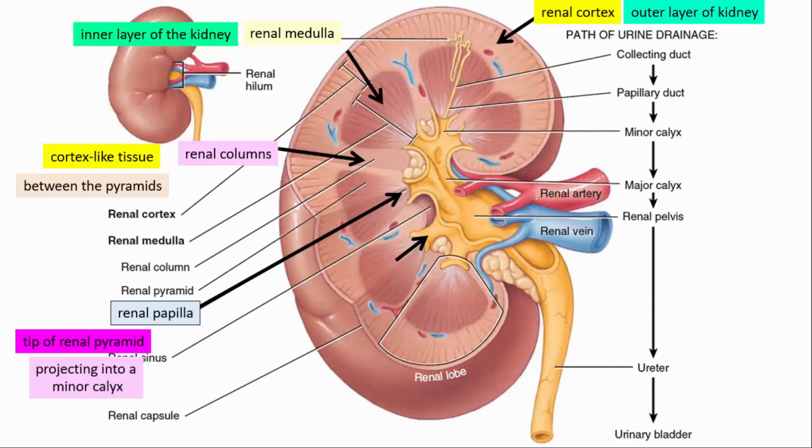This is the beginning of the draining system, and several minor calyces will collect into a major calyx. The arrow is pointing at a major calyx.